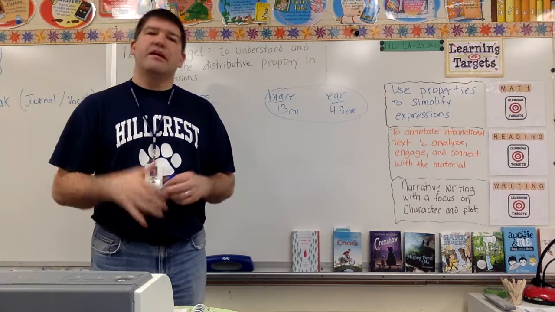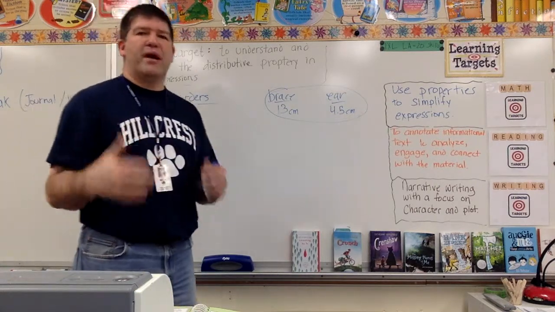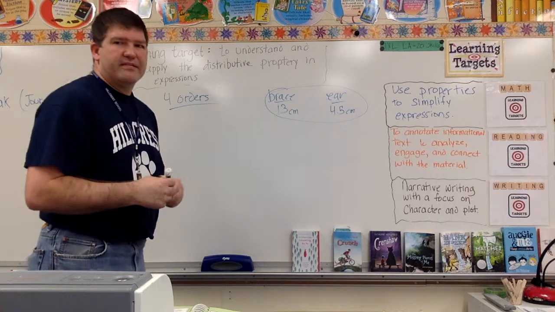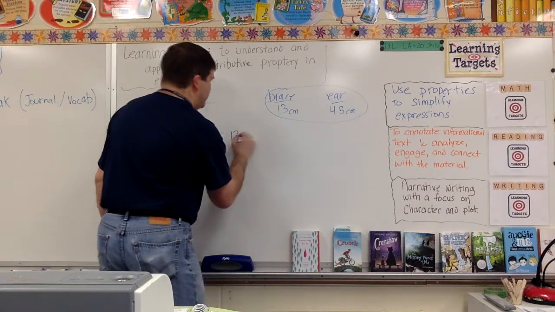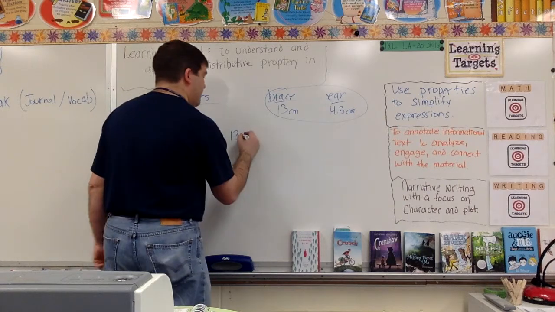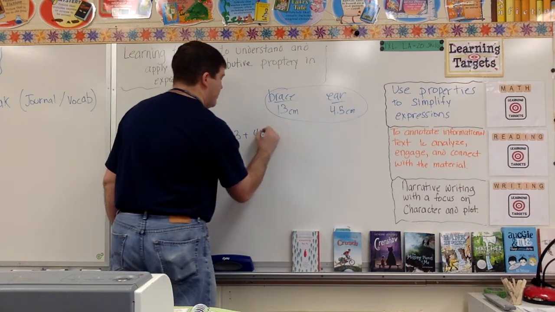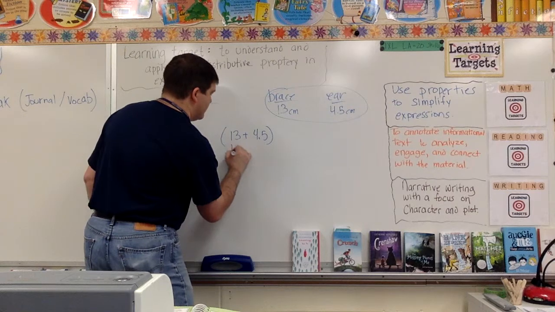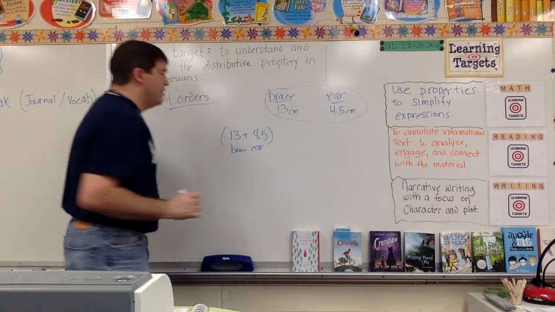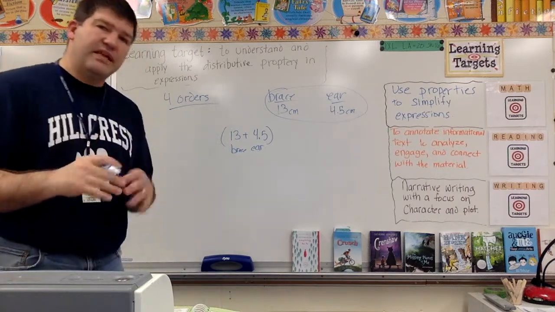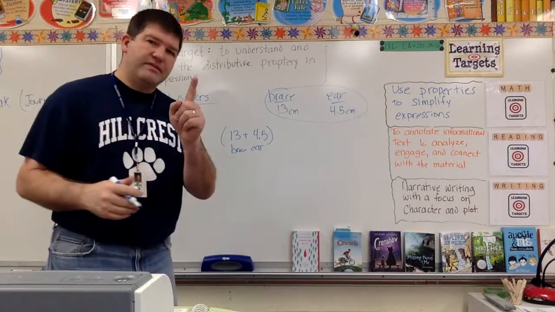Now, I'm going to show you how to use the distributive property to write something like this. So each set, each bracelet and earring, is going to be 13 centimeters plus 4.5. Okay, so that's my bracelet. Here's my earring.